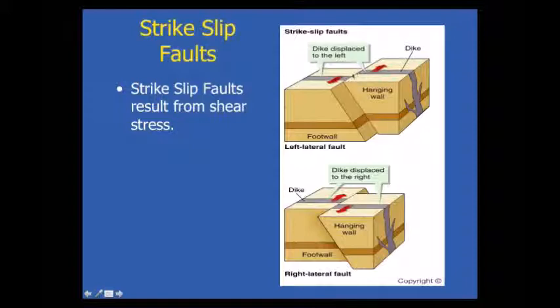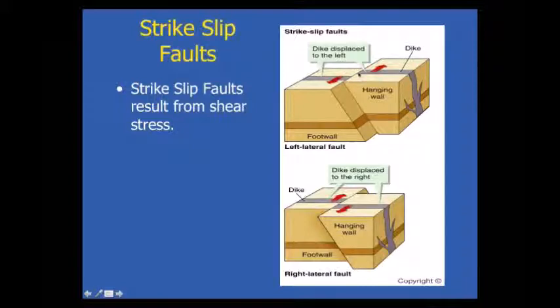If you start to notice a break in the crust, and that this feature has been offset, then we can recognize that likely strike-slip faulting has occurred. So imagine that this black line is, instead of a dike, a road that you take to school each morning, and one day overnight an earthquake happened. It caused displacement along the fault, and as you walk along this road, you notice that when you reach the fault, the road does not continue straight across.